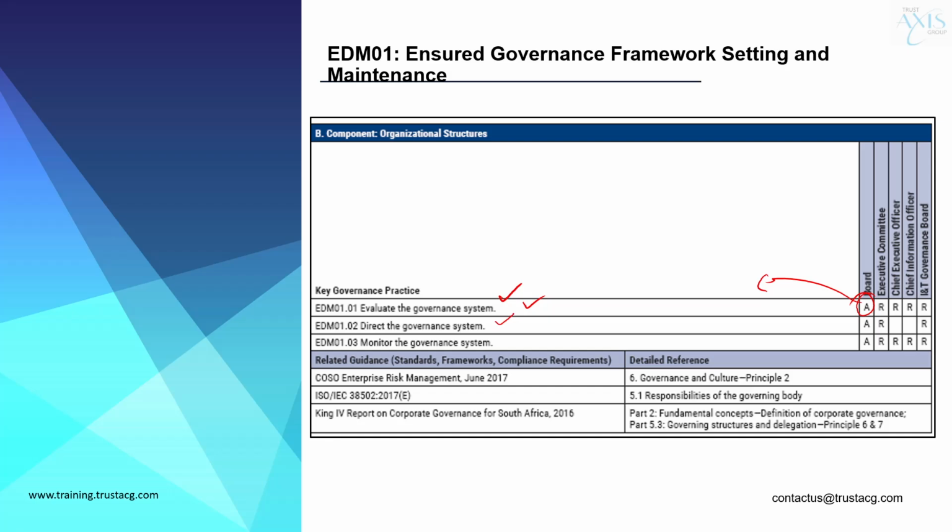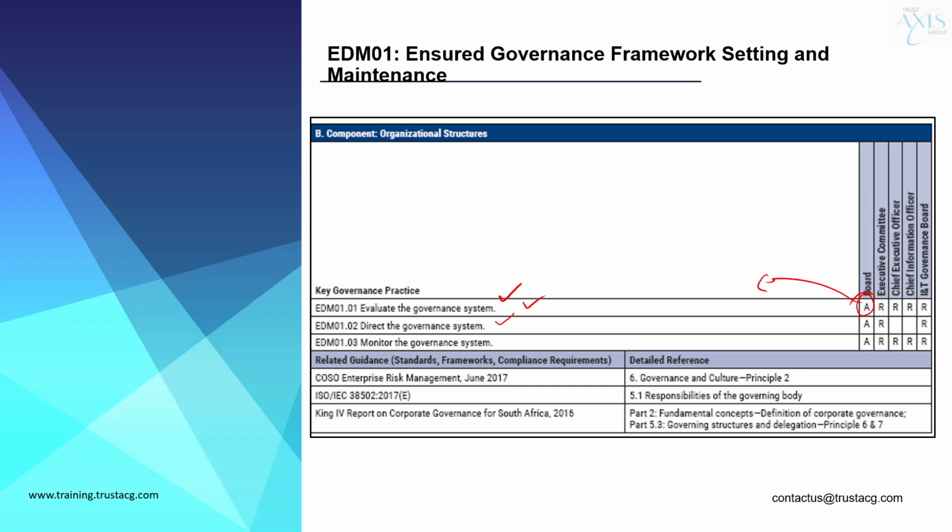The second practice that we discussed in the previous slide was directing the governance system. Once the evaluation is done, the next step is providing the strategic direction for governance improvements. Here again, the board has the accountability around directing what should be there within the governance framework, as per the outcomes of the evaluation.